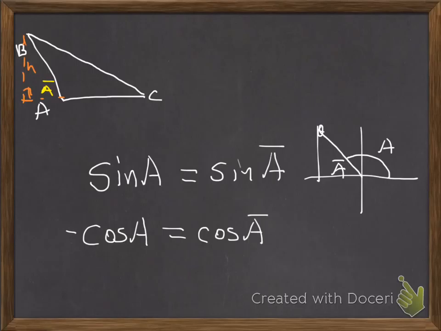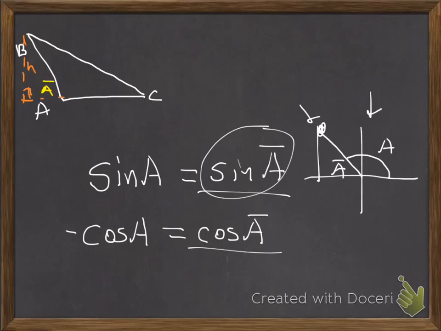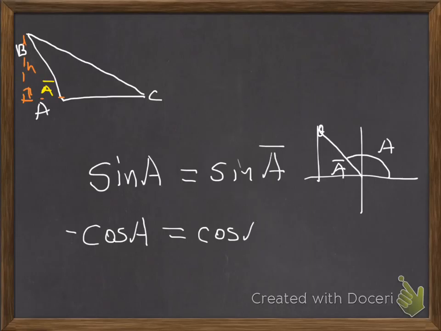However, the cosine is negative in this quadrant. So we're going to be doing these substitutions. We're going to do this one in the law of sines and then this one in the law of cosines as we derive those. Just keep in mind that we'll make those switches as we go.